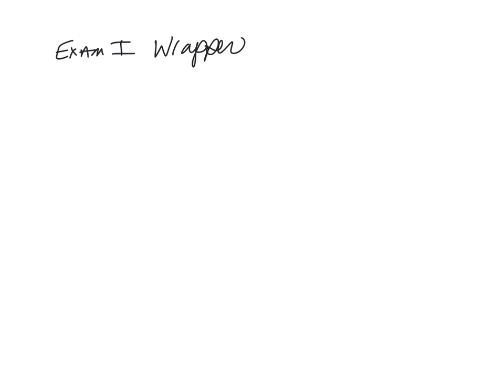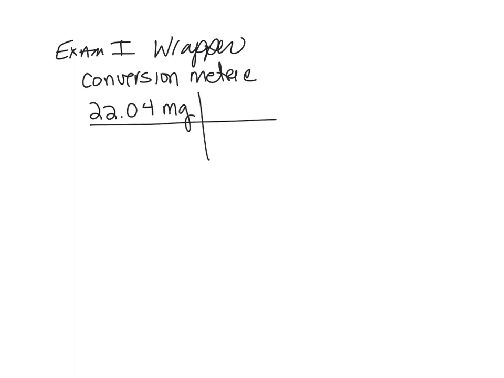Okay, so one of the things you need to be able to do is conversions for the metric system. So you need to be able to convert. On your exam wrapper, you have 22.04 milligrams, and you can see A, B, C, D, E, you have different conversions.